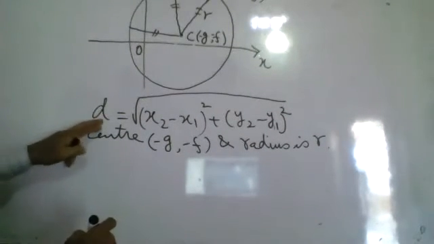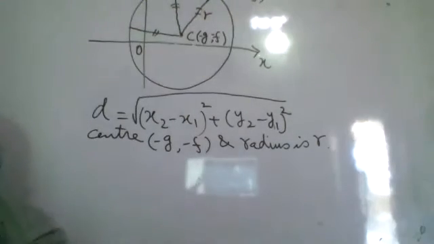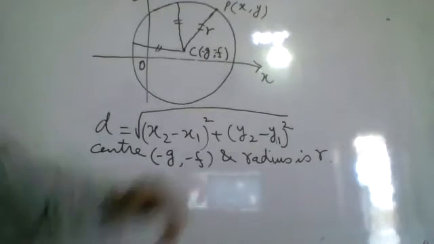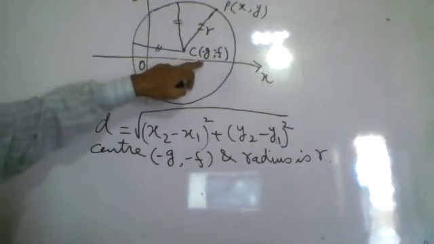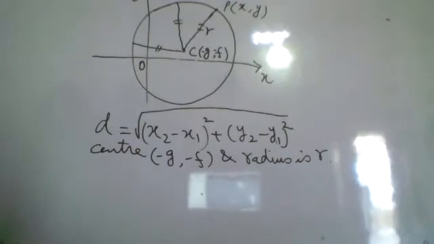We will use the distance formula: x2 minus x1, where x2 is x.